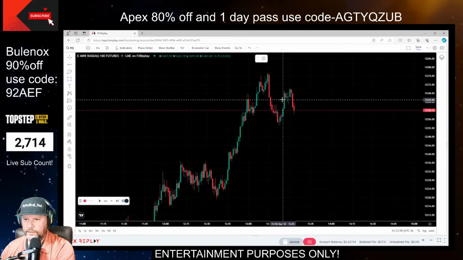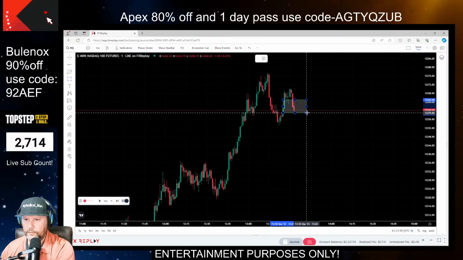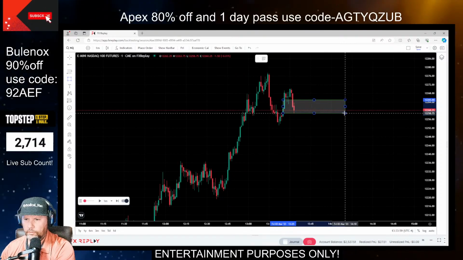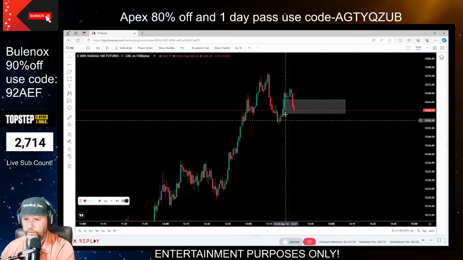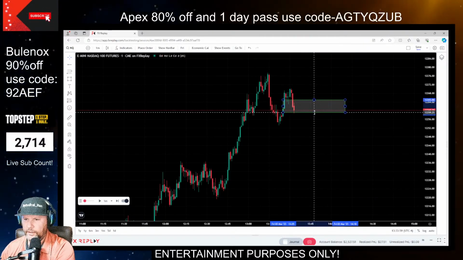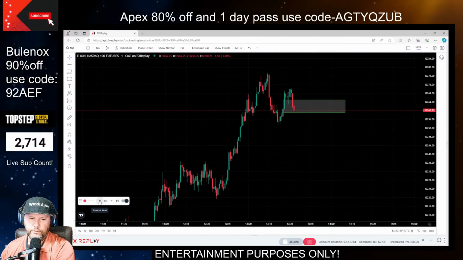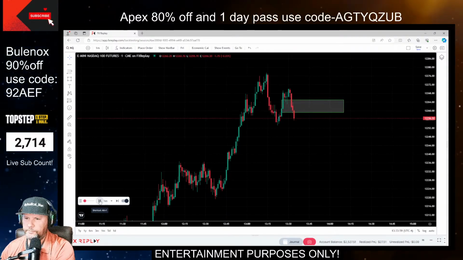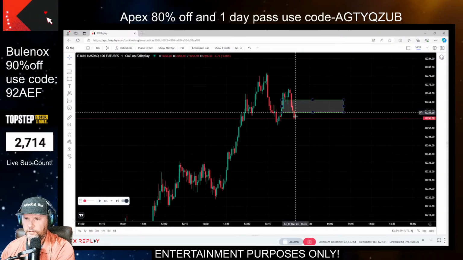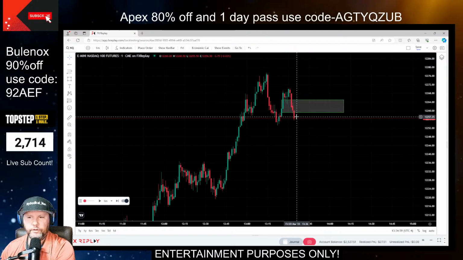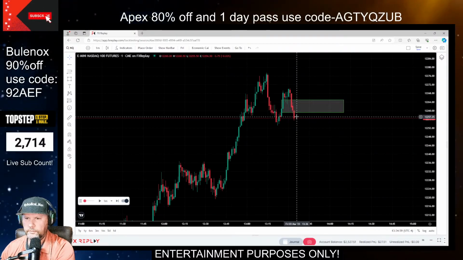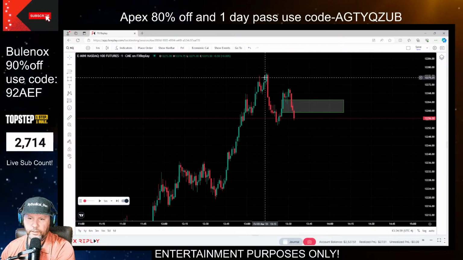So I'm going to watch this gap here. I don't love it because there's not a singular fair value gap set up here. So this is one of those trades where it would just be a feel thing, whether or not you take it. There's not really any liquidity being swept here.